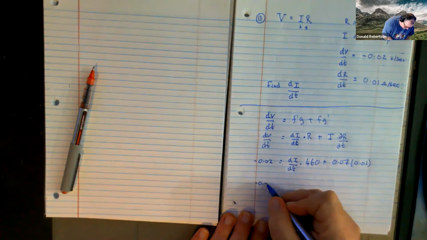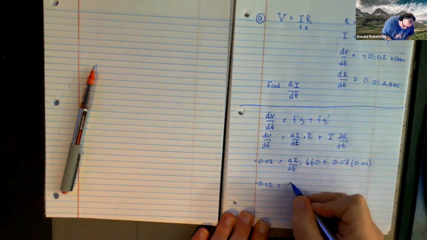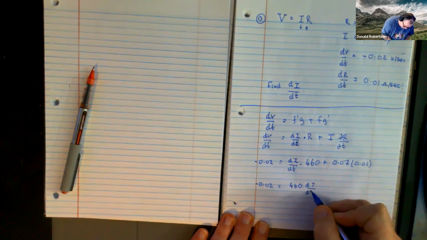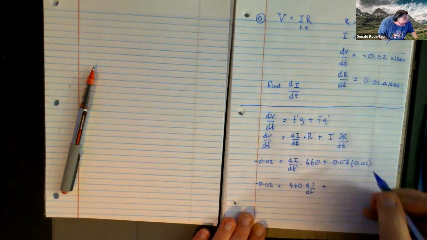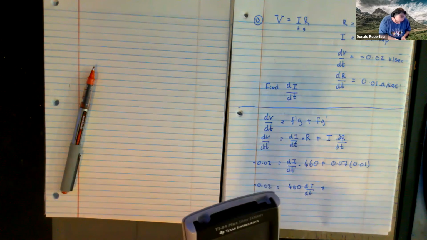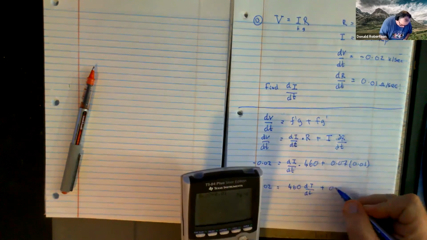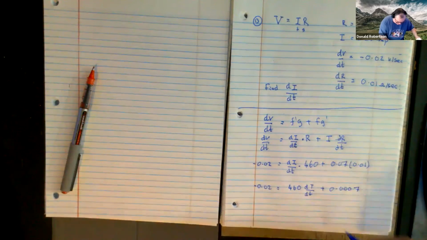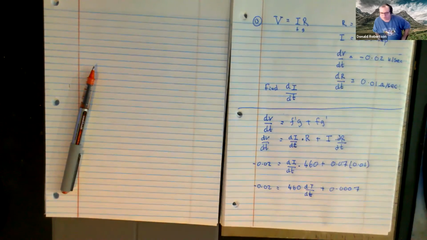So I'll do a little bit of tidying up here. And if I multiply these two together, I better do it with my calculator or I'll end up with 102 here and 0.0007. Okay. I'm not going to finish this question.